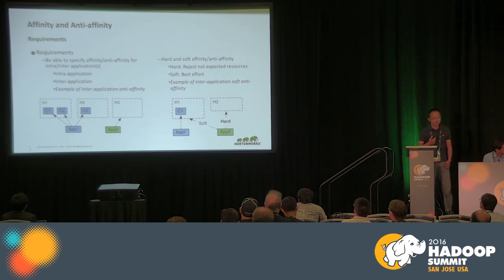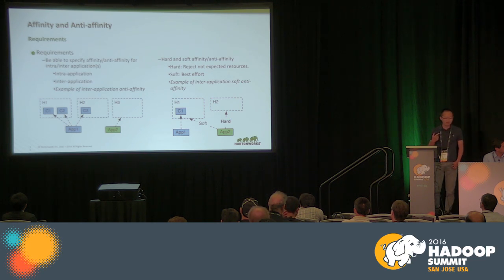And for the hard and soft affinity and anti-affinity, the hard affinity means that if the resource does not meet the requirement of affinity or anti-affinity, the scheduler will not assign the resource to the application. And the soft affinity and anti-affinity is best effort.